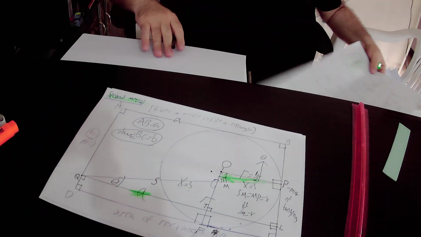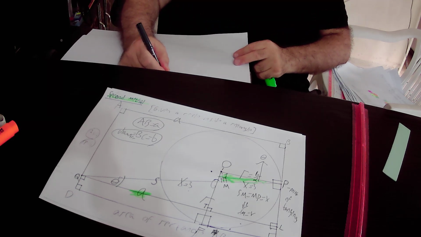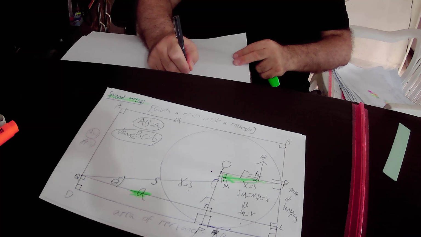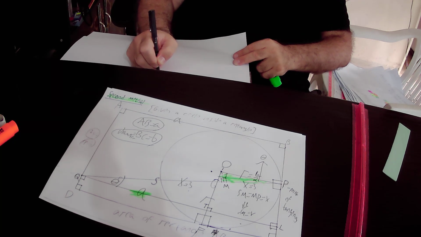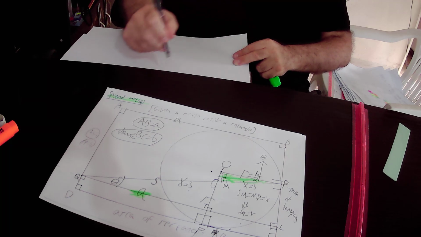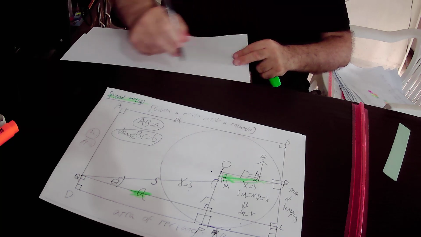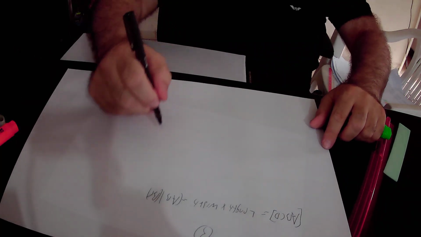And what is the area of rectangle ABCD? The area of rectangle ABCD is equal to the length of the rectangle times the width. The length is AB and the width is BC. So the area of rectangle ABCD equals AB times BC.